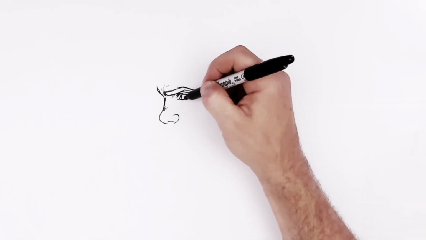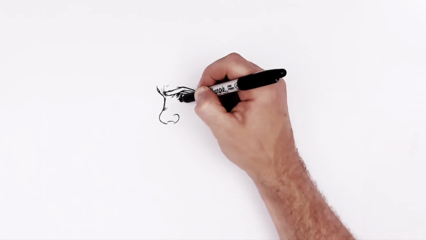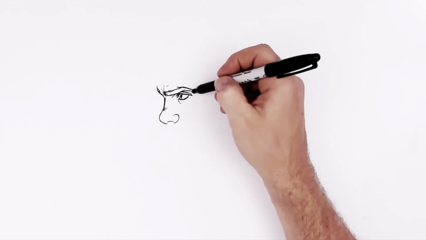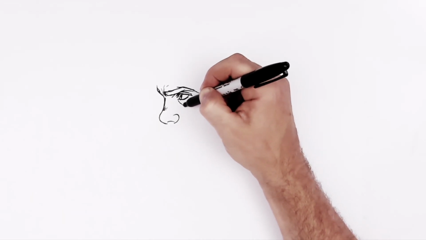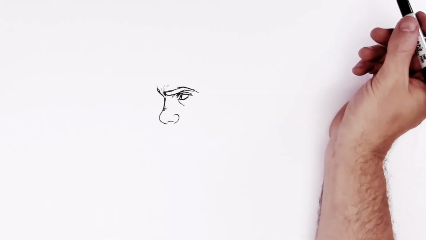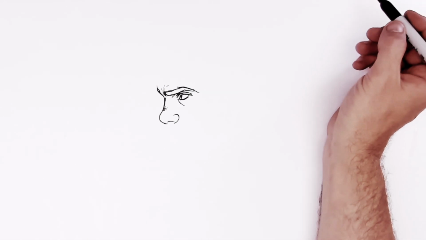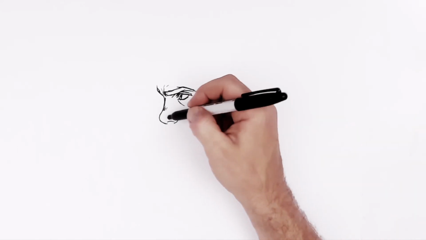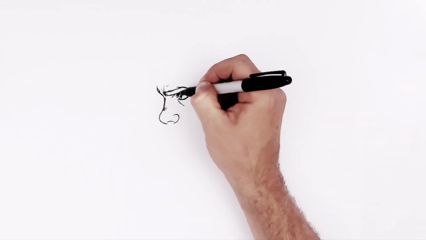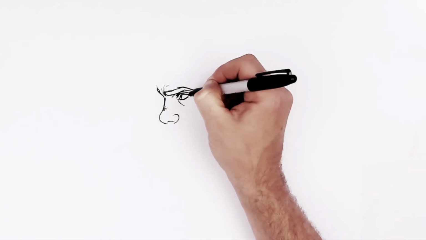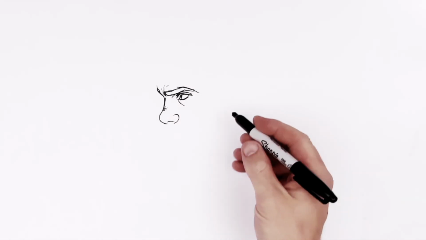And then he's kind of got bags underneath his eyes, right? He looks tired, basically, just there. Right, so that's his eye, basically. That's all we can see of his eye. Then we go down and do the mouth.